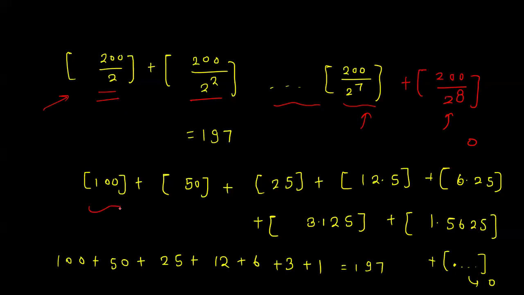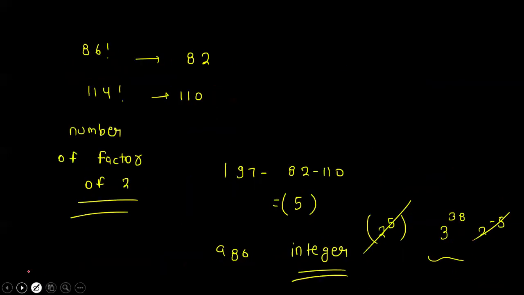So here you can see this is 100, then 50, then 25, then 12.5. Dividing by 2 in the next term gives 6.25, and so on. You take the integer part of these, and further the integer part will become 0 for all numbers. So it is 100, 50, 25, 12 plus 6 plus 3 plus 1. So this is 197.